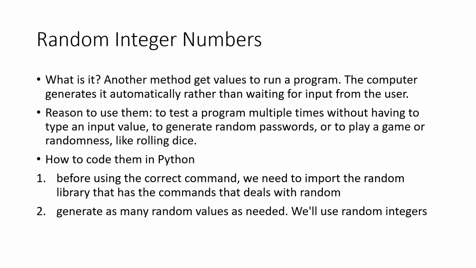A random number can be used to get different values that are generated by the computer rather than we as a programmer hard coding the value, such as saying grade equals 100 or prompting the user for the value. So rather than doing either one of those two methods of having values in a program, we are learning a third way to get a number, which is to have a computer randomly generating the number for us.